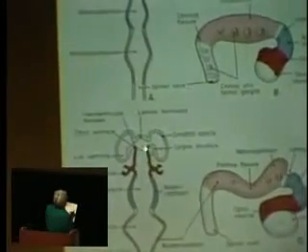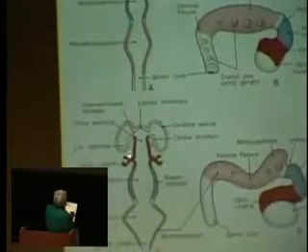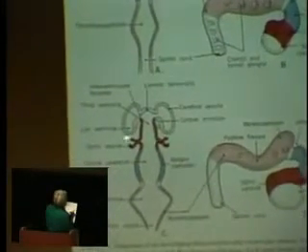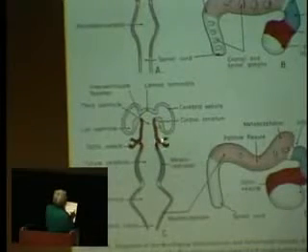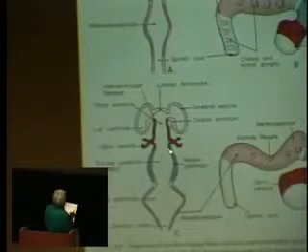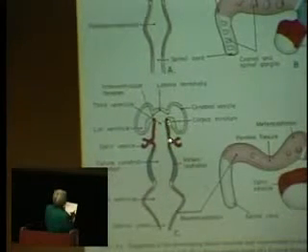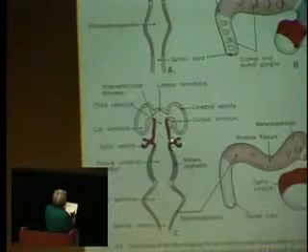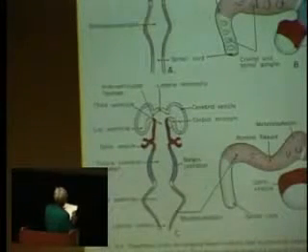Where did we say the optic retina comes from? The diencephalon. So red here is the diencephalon. So will the hypothalamus come from the diencephalon? Yes, sure.